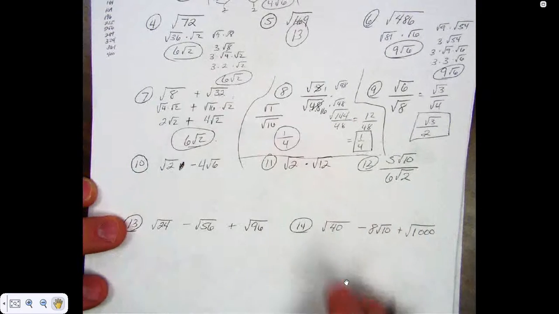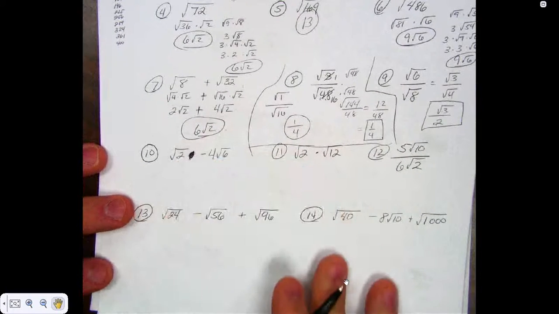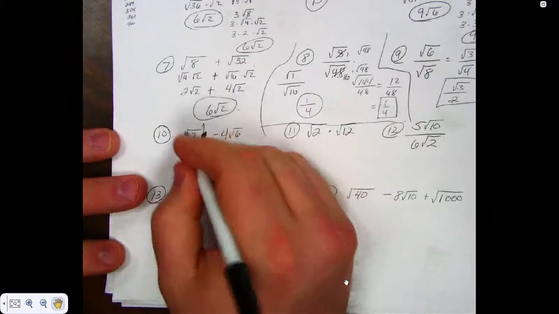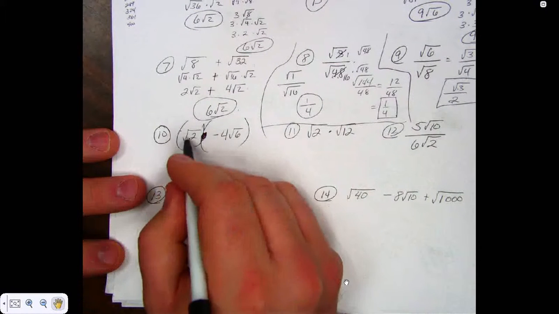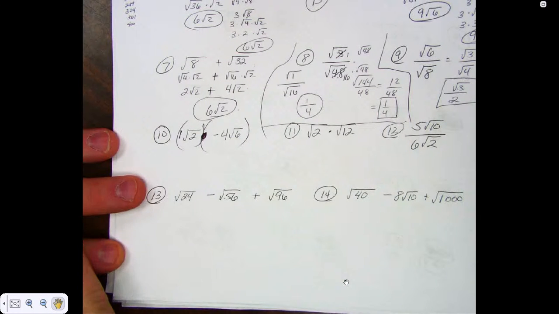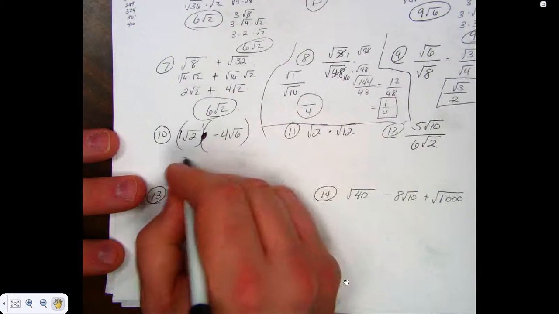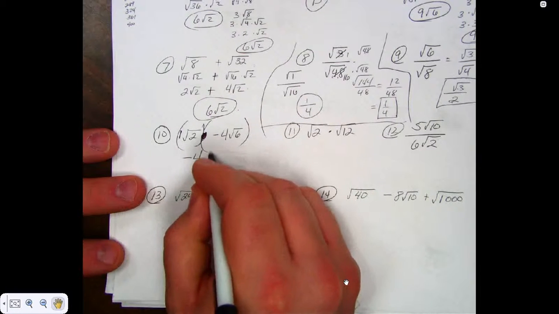Now, over to these down here. Oh, I'm multiplying here, aren't I? We only did one worksheet with these, but I'm multiplying this times this. Simple. What's understood to be in front of this square root of 2? A 1. Multiply the things on the outside. 1 times negative 4 is what? Negative 4.